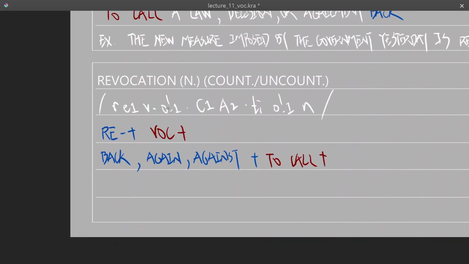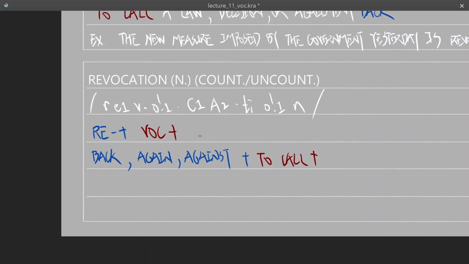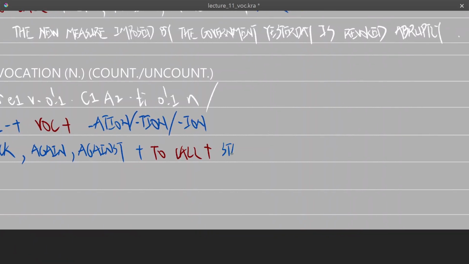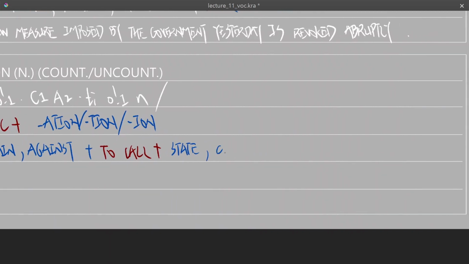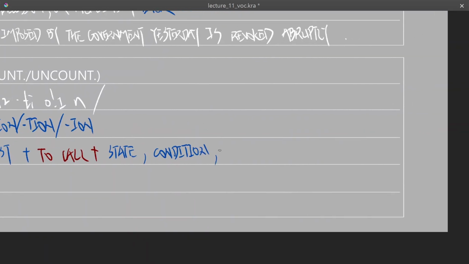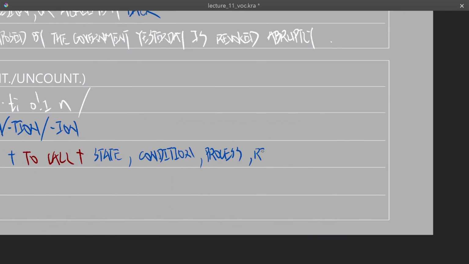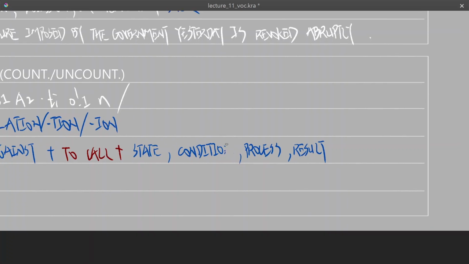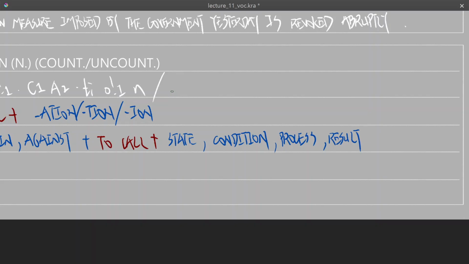Lastly, we have the noun suffix ation, or its variants tion or ion, meaning state, condition, process, or result.